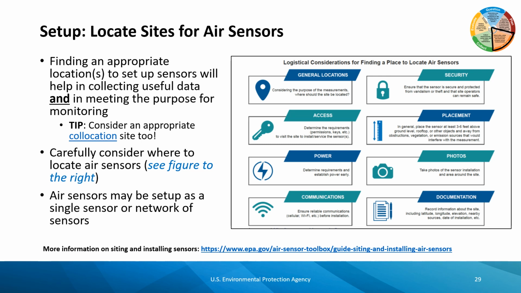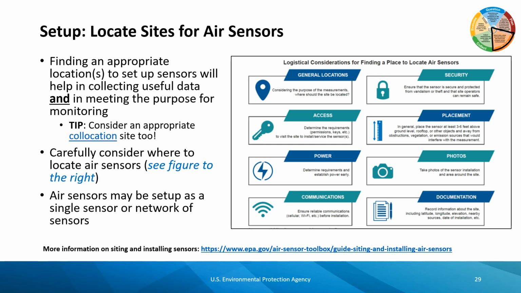Using the infographic on the right, we will step through some of the logistical considerations. First, general location. Consider the purpose of your measurements when deciding where sites should be located. Next is access. Determine the requirements to visit the site to install and service the sensor.